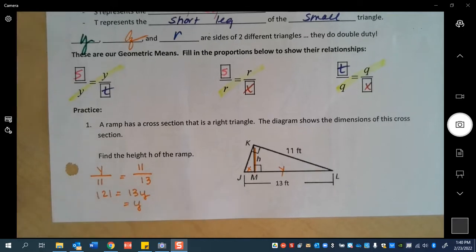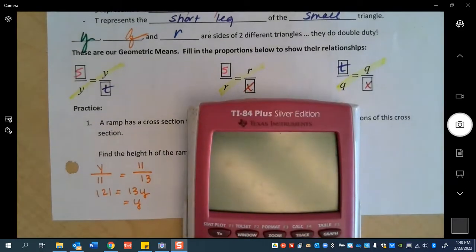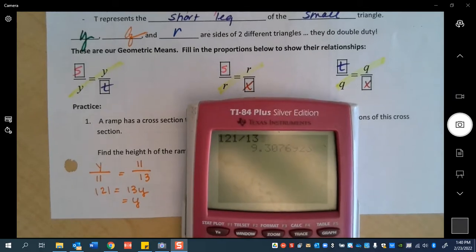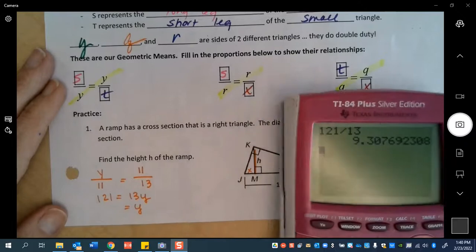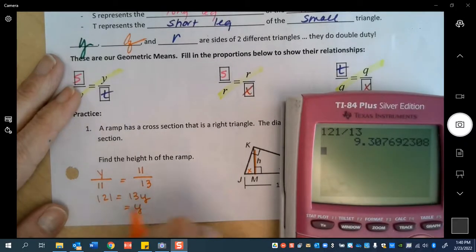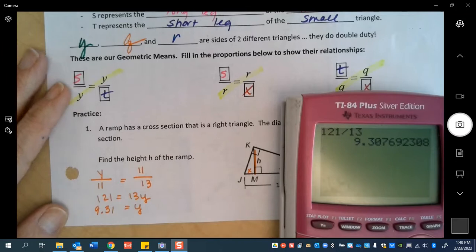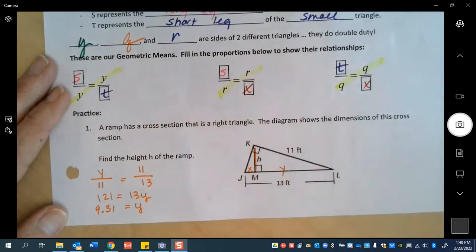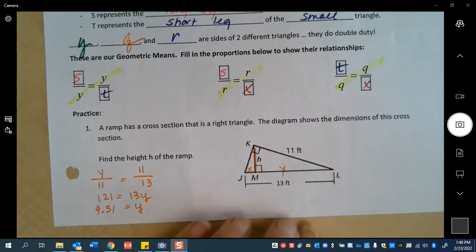Divide each side by 13. 121 divided by 13, 9.31. It's going to be equal to our y value.